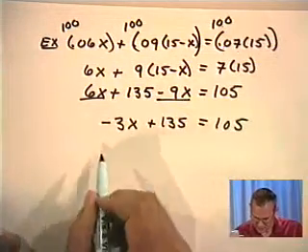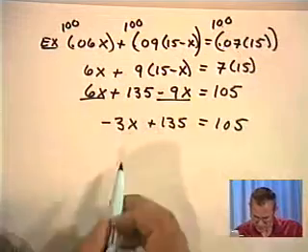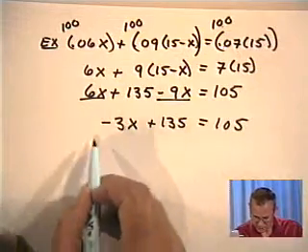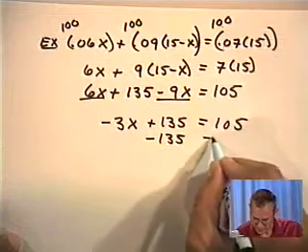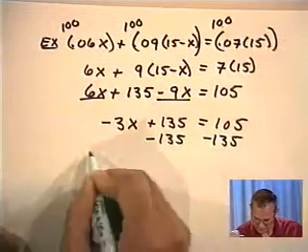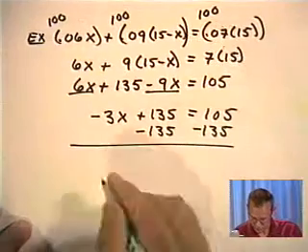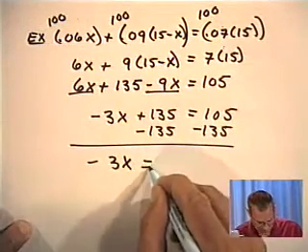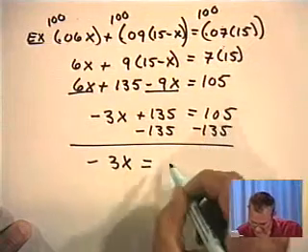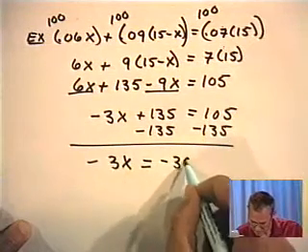And then I want to solve for x. So how about if we keep these x's on this side of the equation? I'll move the 135 over by subtracting on both sides. So on the left, I get negative 3x. On the right, that would be negative 30.